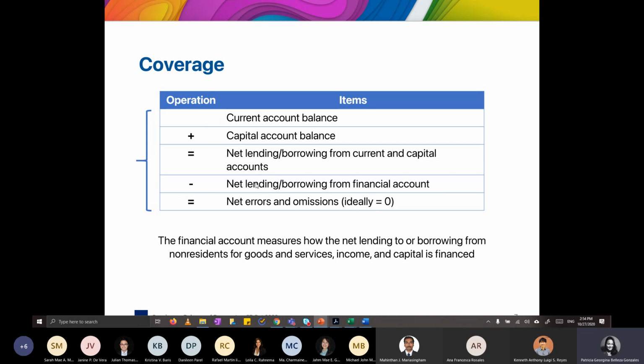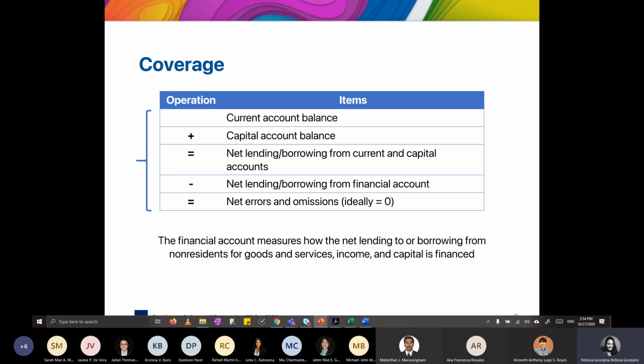So subtracting the net lending or borrowing from the financial account should ideally lead to zero. Simply put, the assets in the financial account cover the net lending or borrowing from the current and capital account. So it's financed by it.